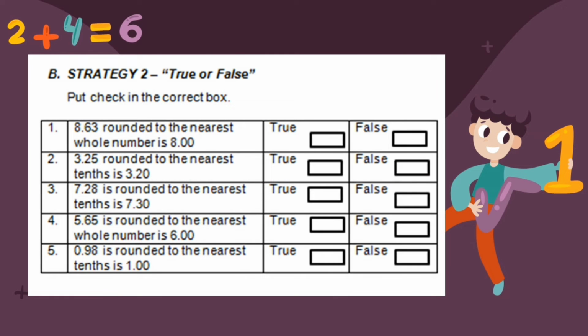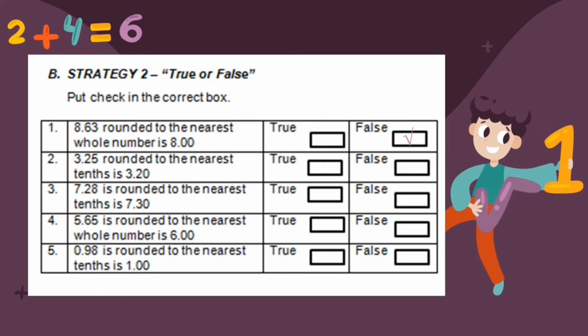Strategy 2. True or false? Put a check in the correct box. Number 1. 8.63 rounded to the nearest whole number is 8. True or false? Okay, false. Correct.